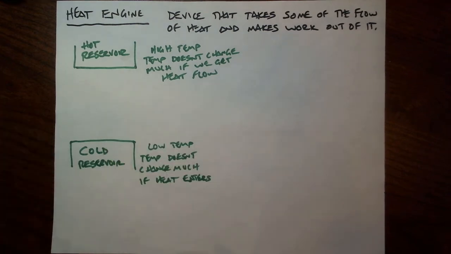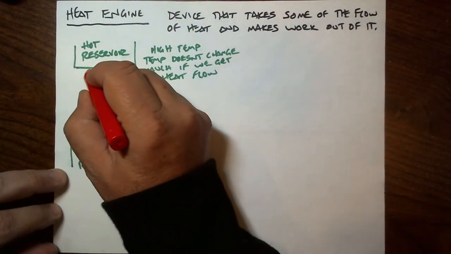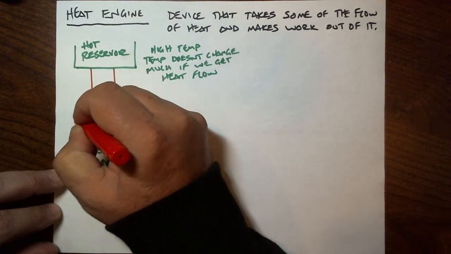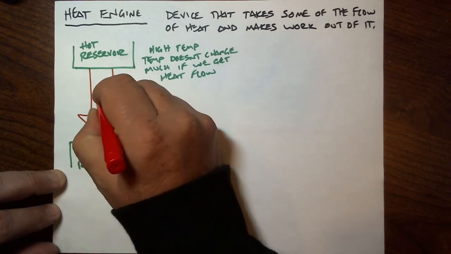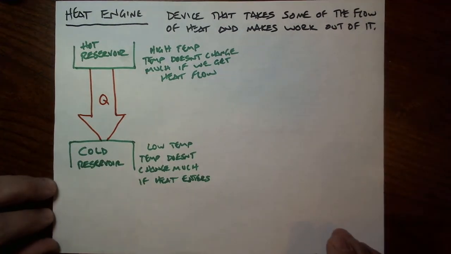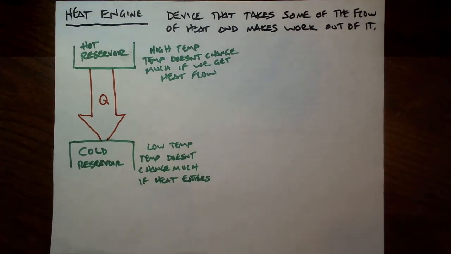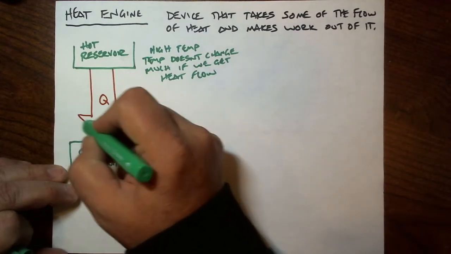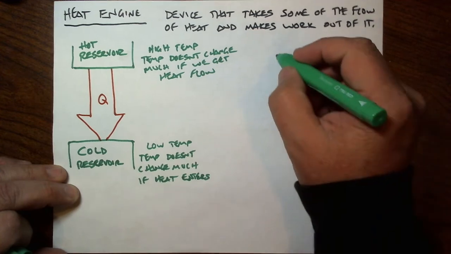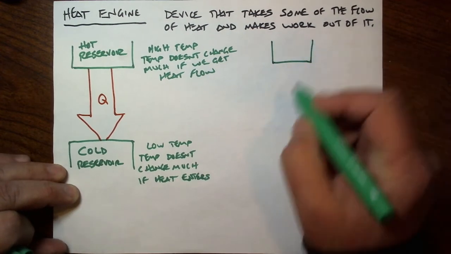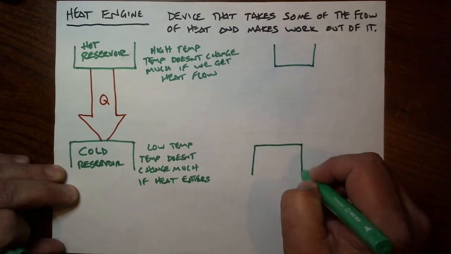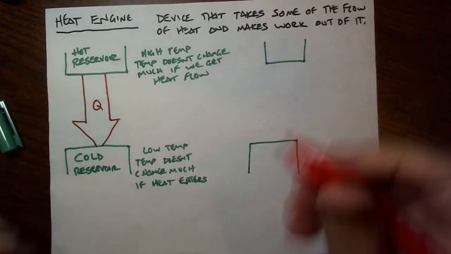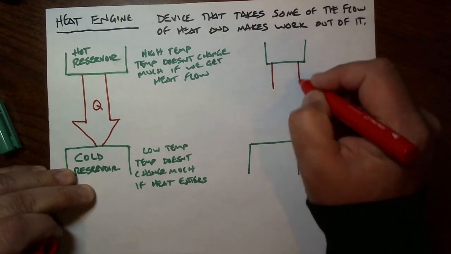And if you have these two things and you put them in contact with each other, you're going to naturally get a flow of heat. Now that doesn't really help us out a lot. But what if we were to have some sort of device interposed in between these two? This device would take a large amount of heat out of the hot reservoir.